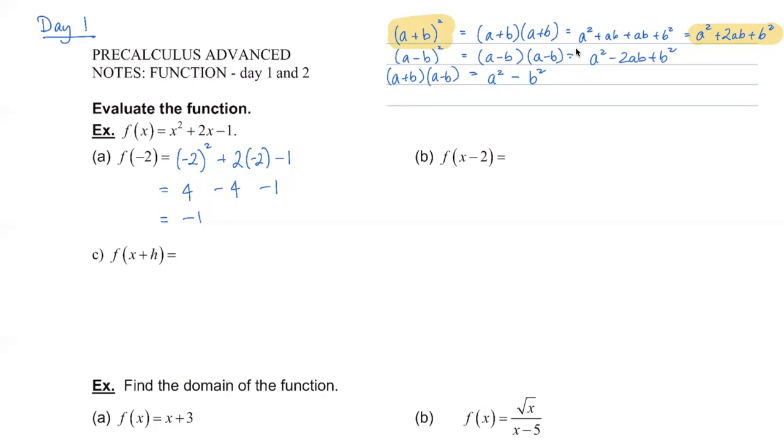The key is to try not to think of this as a different thing. It's the same thing. I'm going to highlight this with a little blue color. So for -2, you substitute -2, right? So here it's x minus 2. Go ahead and substitute x minus 2 into the place of x.